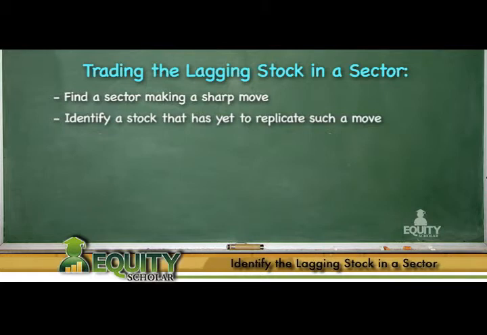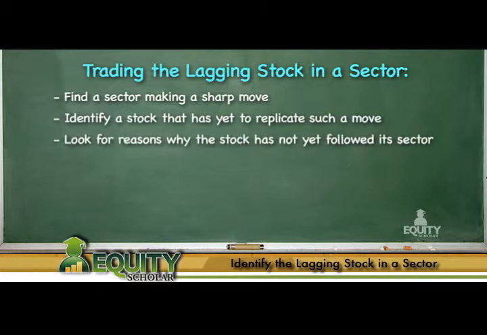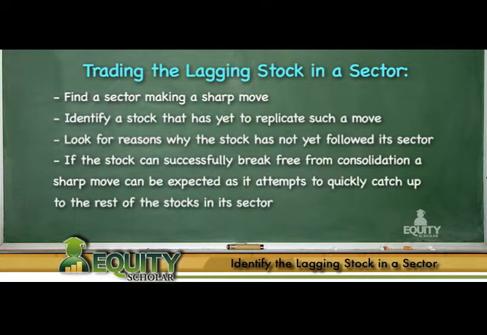When a lagging stock is identified, look for reasons why it has not yet followed others in its sector. In some instances, a highly profitable trading setup arises as the stock may simply be held back by some large limited size, which, when filled, can create a sharp and violent break similar to that which occurred in other stocks in its sector.